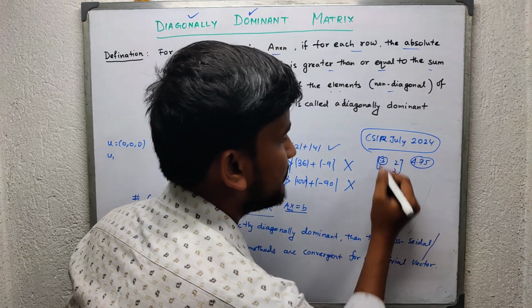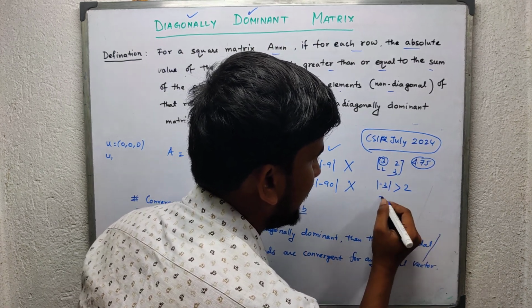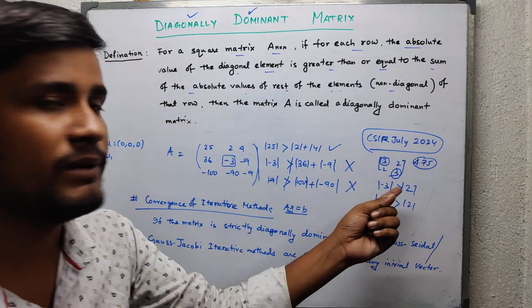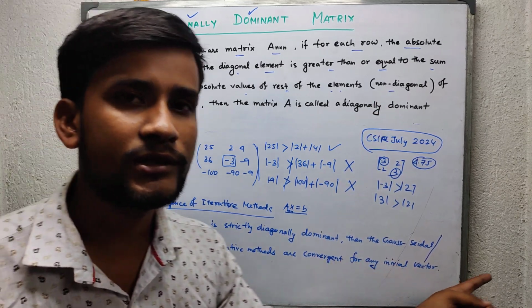See, in this matrix, minus 3 is greater than 2, and the diagonal 3 is greater than 2 again. So this matrix is strictly diagonally dominant and hence the Gauss Seidel iterative method is convergent.